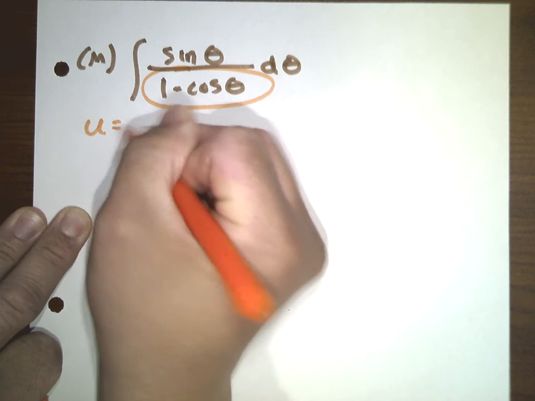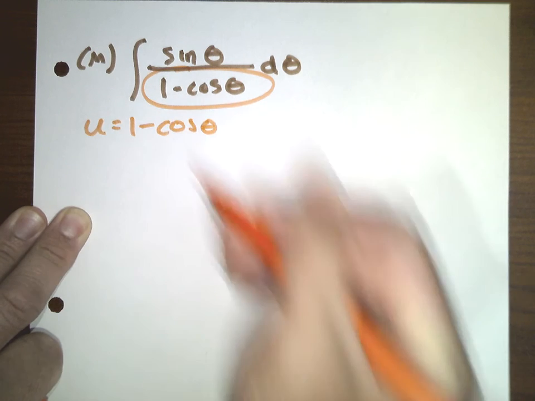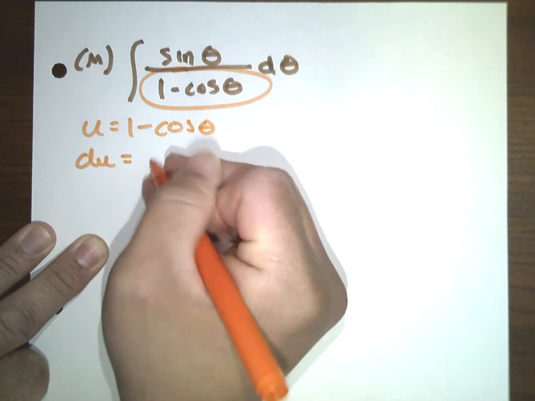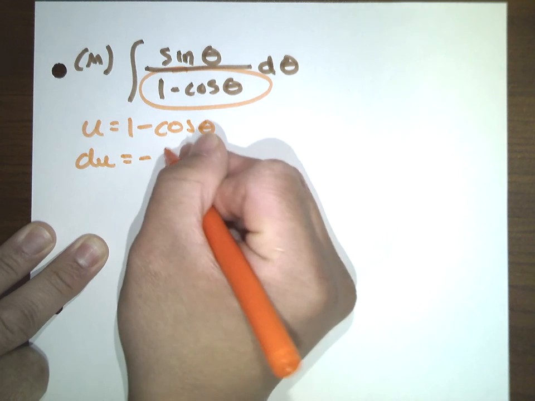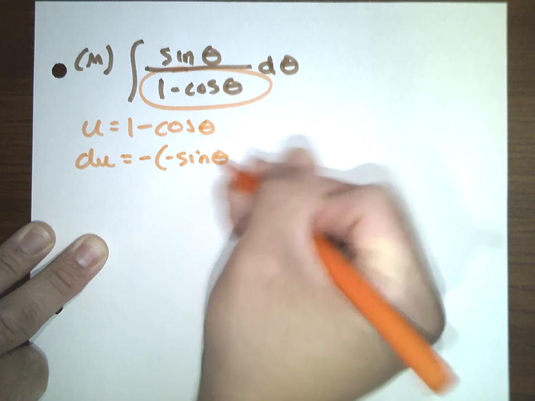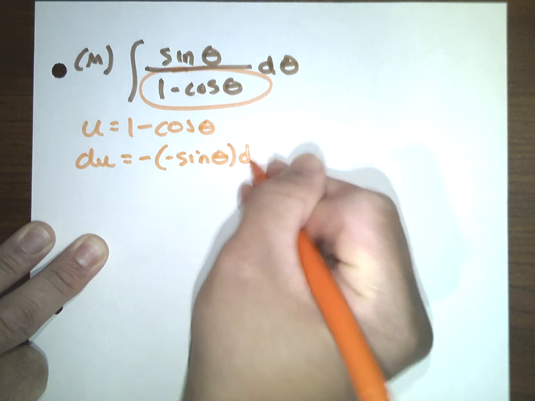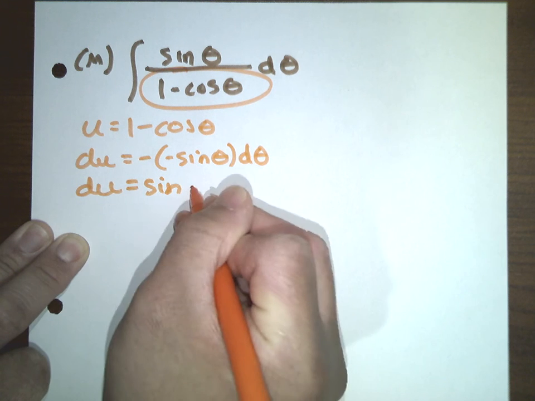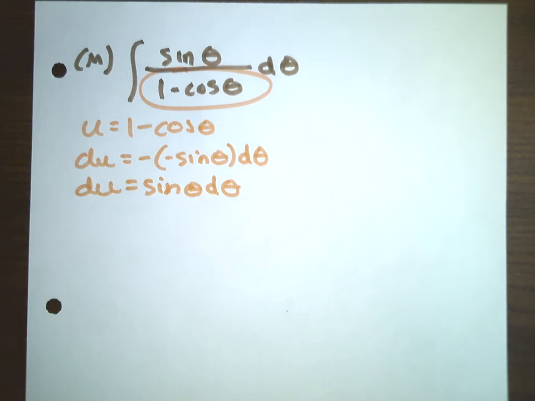So u is 1 minus cosine of theta. Then du is going to be negative sine of theta d theta. So that will be du is sine of theta d theta.